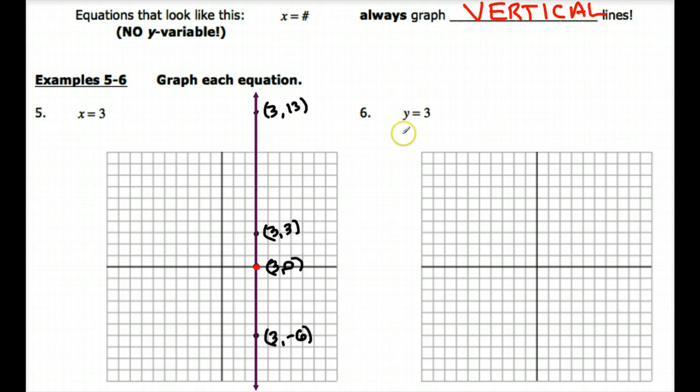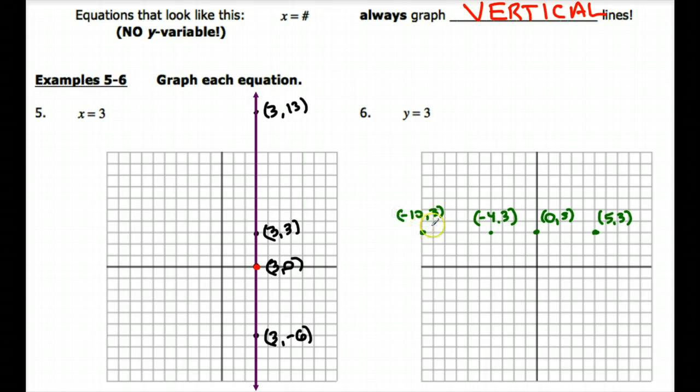y equals 3 is going to be just the opposite. That means that all the y values of this line are going to be 3. All the y coordinates are going to be 3. So this line is going to be going through the points 0, 3, 5, 3, -4, 3, -10, 3.